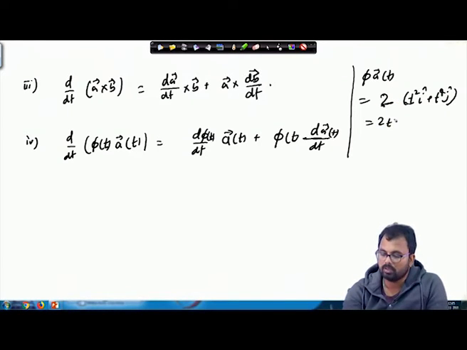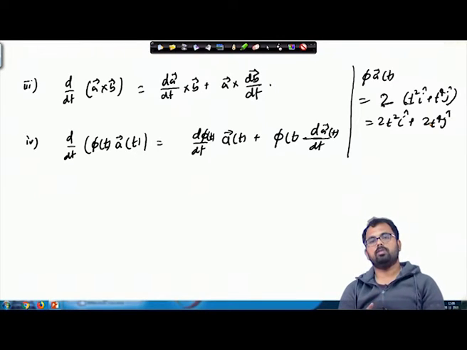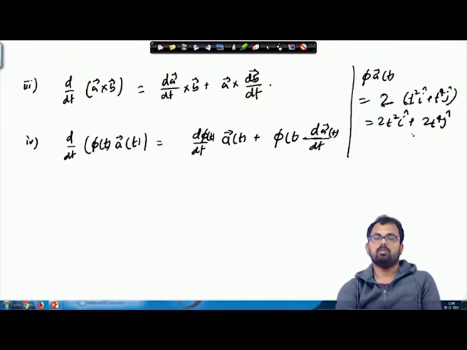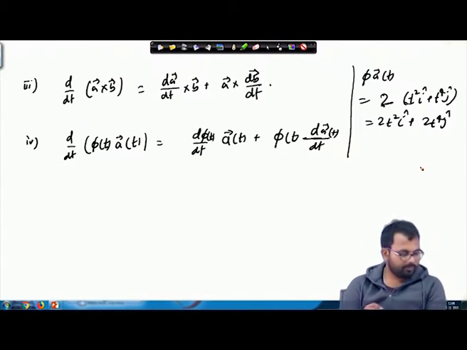So it is 2t squared i plus 2t to the power 4 j. It will not be like a dot product. A dot product usually gives you a real number, but in this case you will still get a vector function.